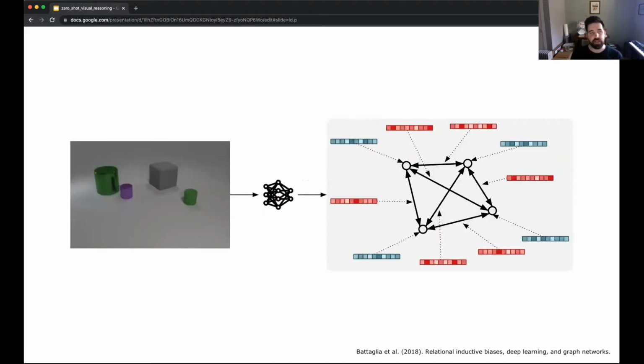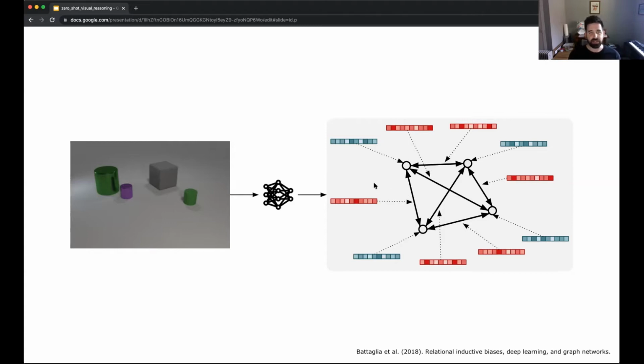And then just finally, the last thing I want to note before describing the model is that there's been a recent effort in the deep learning world towards using neural networks to learn attributed graph representations from pixel level inputs. An attributed graph is basically a graph that has vectors associated with its nodes and edges.